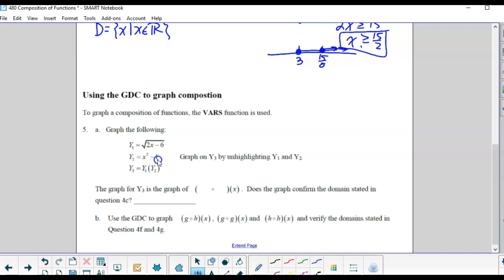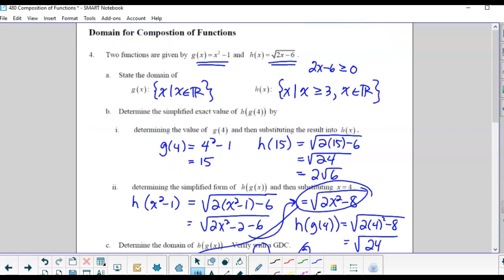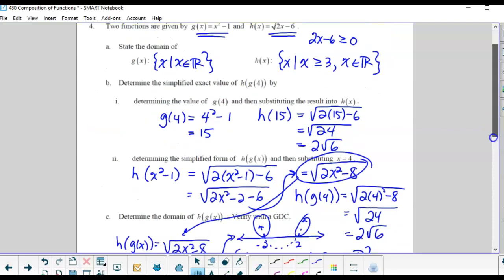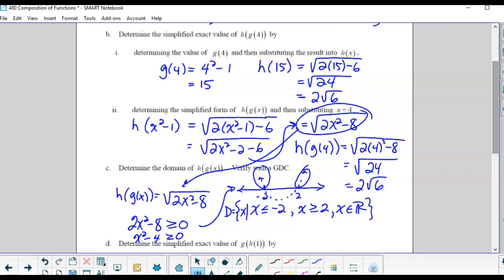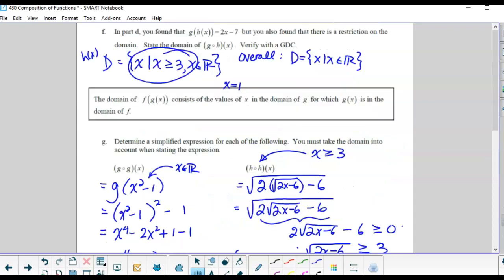So the graph for y3 is the graph of y1 composed with y2, and so that was g of h of x. And does it confirm the statement? We already did that one for C, and we checked that already, so it did confirm that.